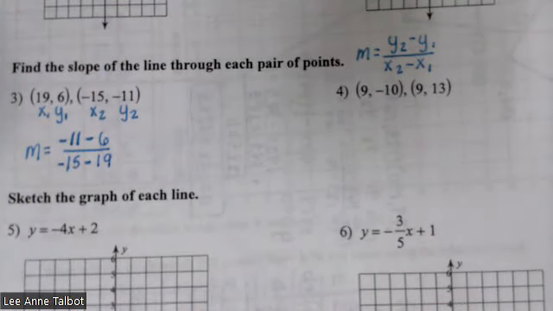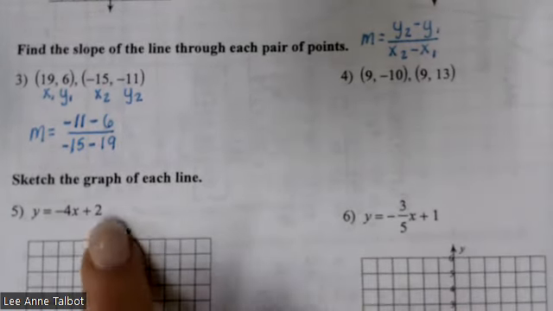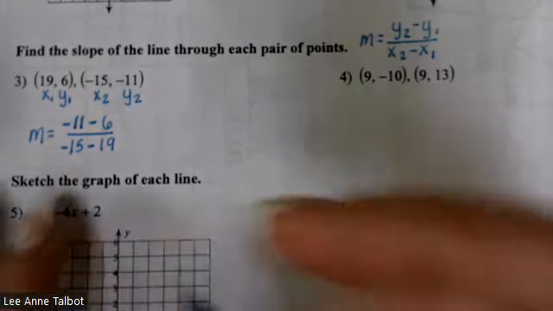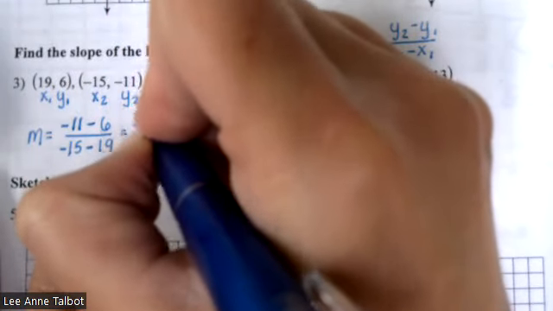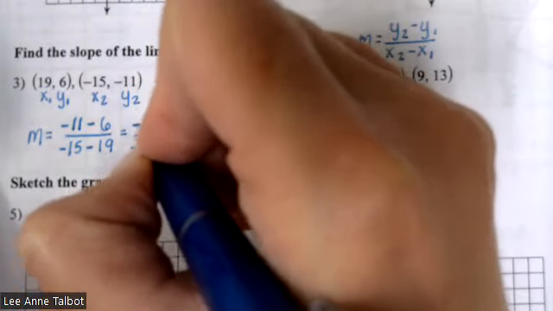Usually people do this pretty well, but then they have some kind of issue with subtraction. So I say go slow. Make sure that if you don't know the answer, type it in the calculator. It's okay. -11 minus 6 is -17. And -15 minus 19 is -34.